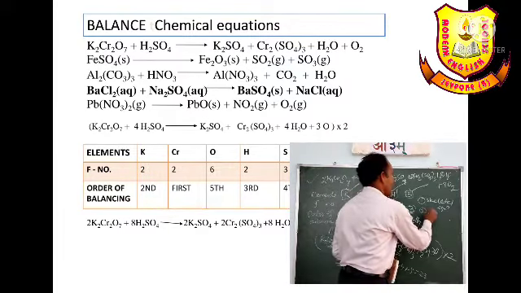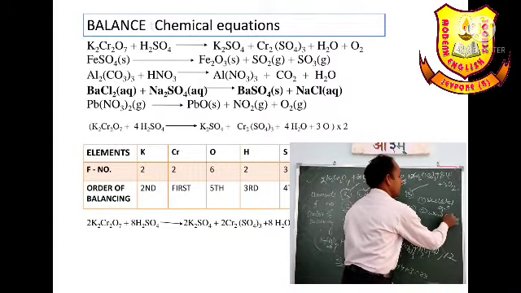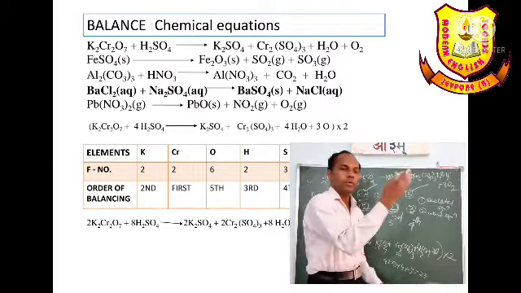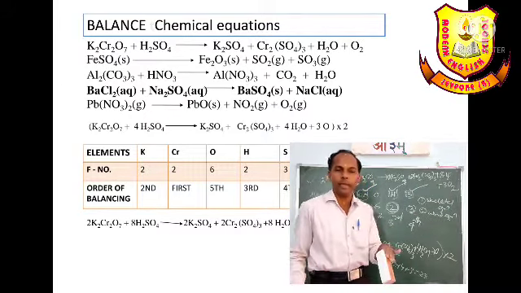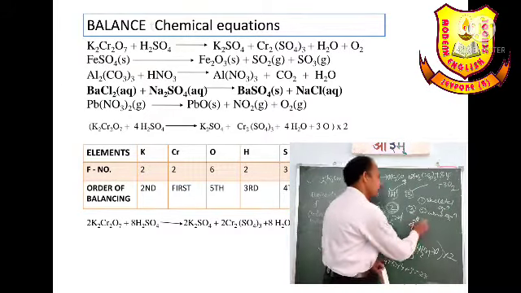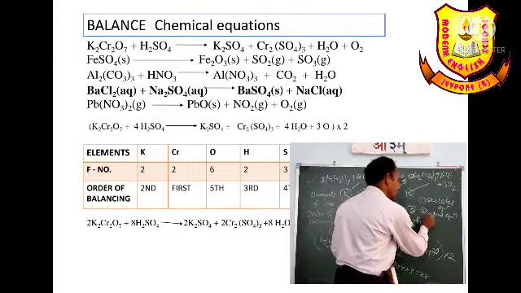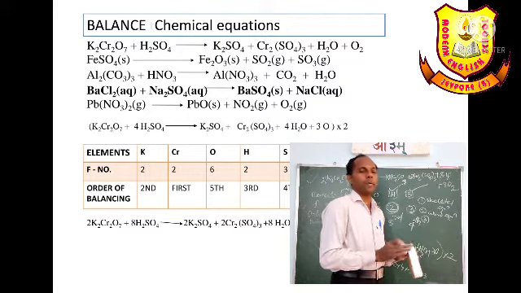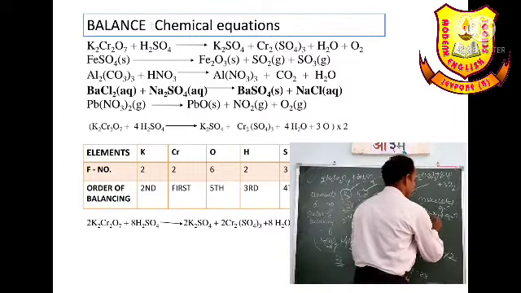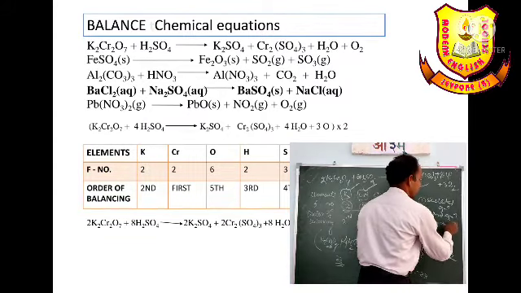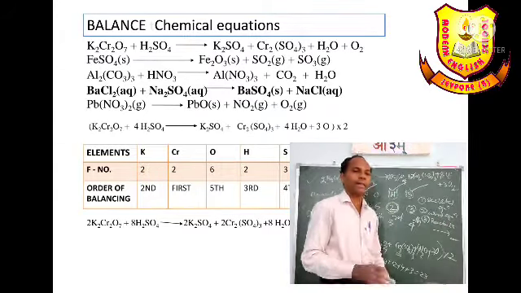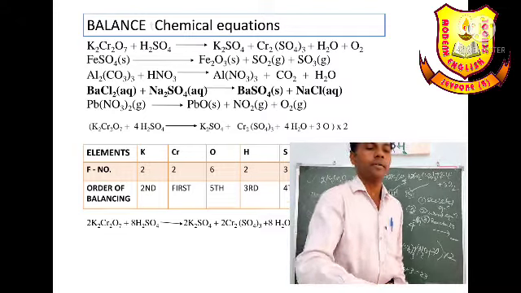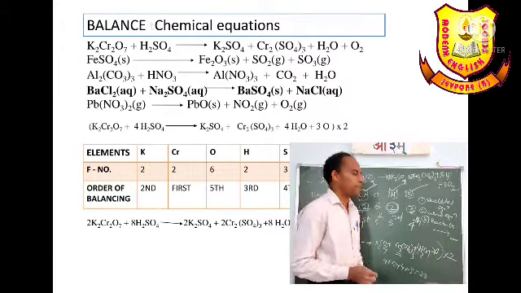Second way, the equation is given and you have to convert it to a skeletal equation, and again balance. Third way, only the left-hand side of the skeletal equation will be given. Only reactants will be given. You have to write the products and then balance. That way it will come.